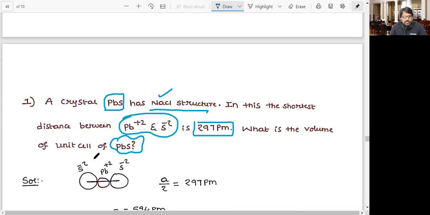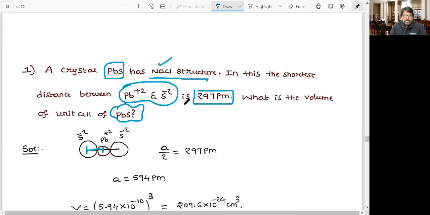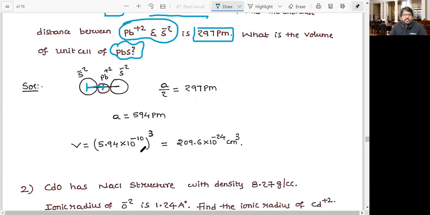The shortest distance between Pb plus 2 and S minus 2 means this value he gave, that is a by 2. a by 2 is 297, and a will be 594, double of that. Since it is a cubic unit cell, volume is equal to a cubed. A very simple question. So we can find it like that.